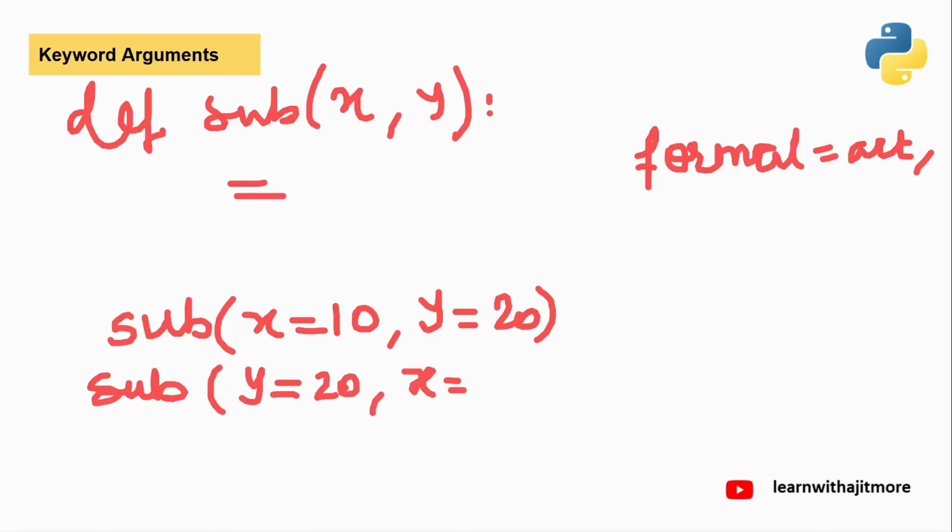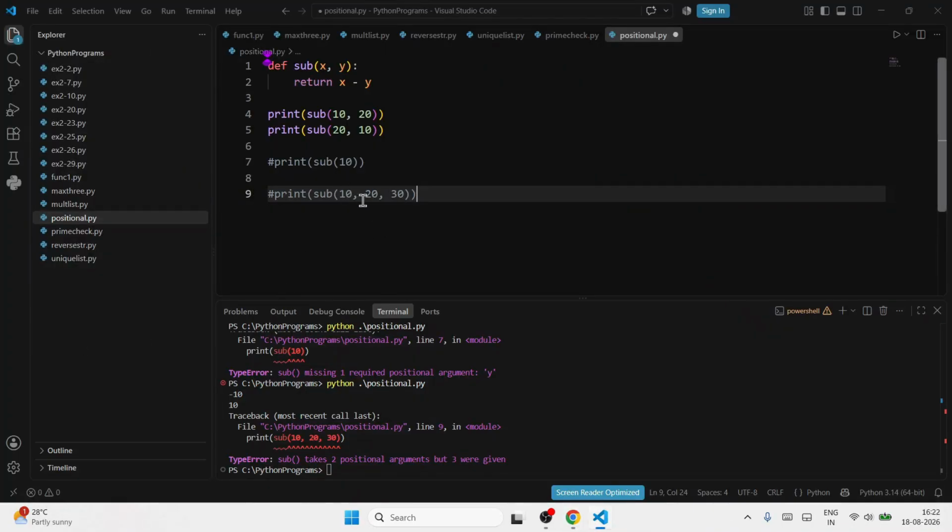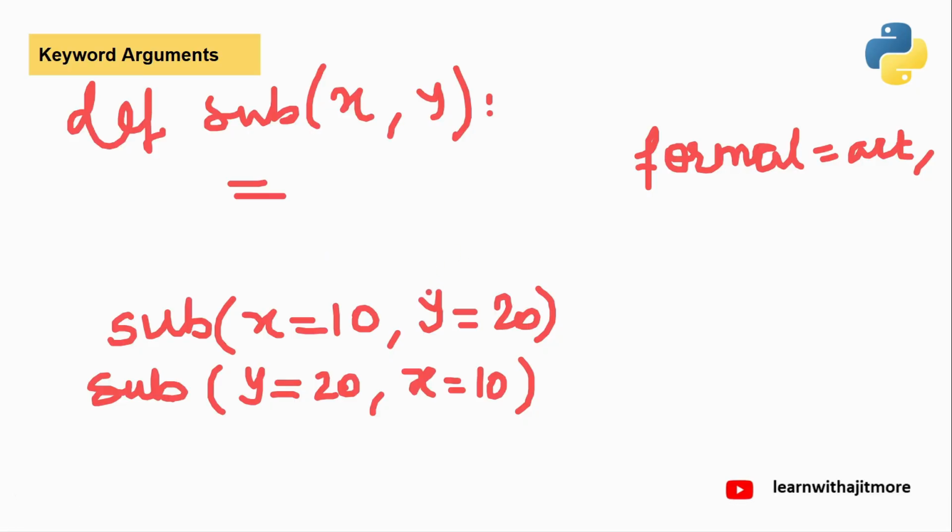Still you are going to get the same output for both calls. So what is the specialty in keyword? At the time of call, you're not only giving the values, which we did in the case of positional, where you're only giving the actual value. Here, you are not only giving the actual value, but you're also telling which formal it is for.